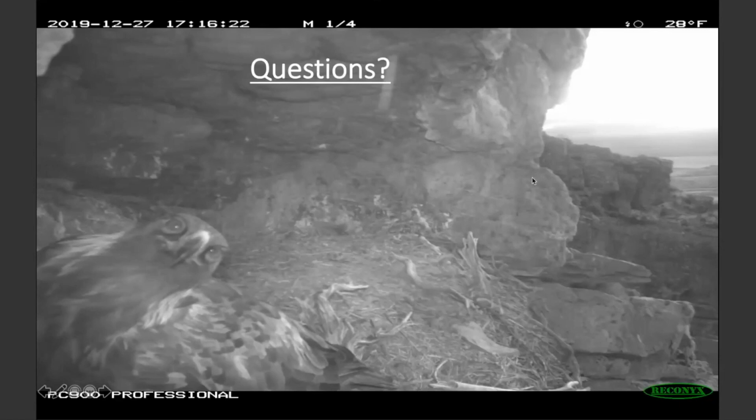So why are the lab results taking so long? Yeah, that's a great question. It's primarily because the state lab is cutting us a break with a lot of these costs and allowing us to do a lot of work out of the lab, and so our samples are not put on the back burner, but are analyzed as time allows.